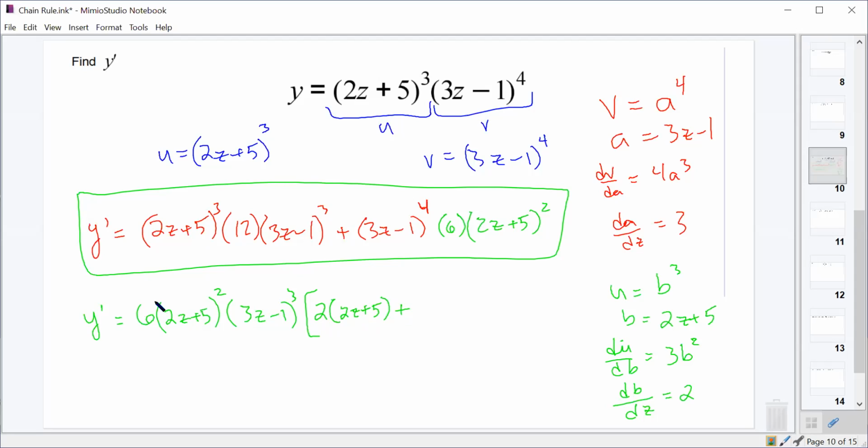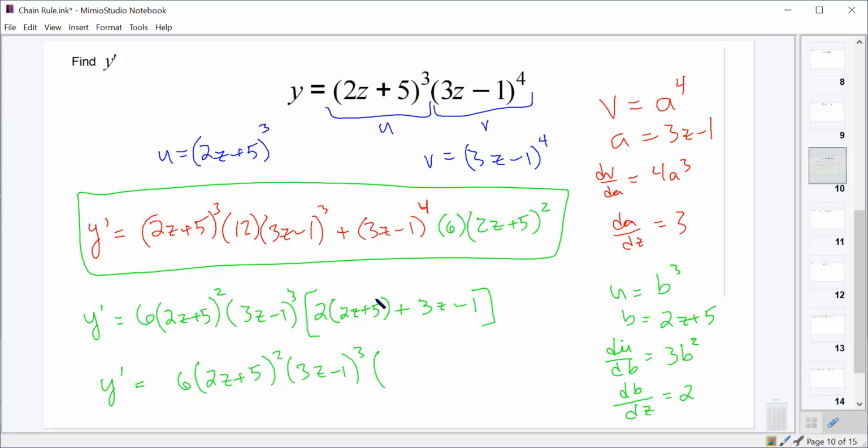Took a 6 out. I had a 6, so that's good. I took a (2z+5)^2 out of a (2z+5)^2, so that's good. All that's left is I took a (3z-1)^3 out of a (3z-1)^4, so that ought to just be 3z-1. And so we end up with 6 times (2z+5)^2 times (3z-1)^3 times what?